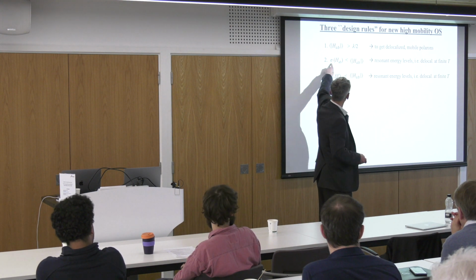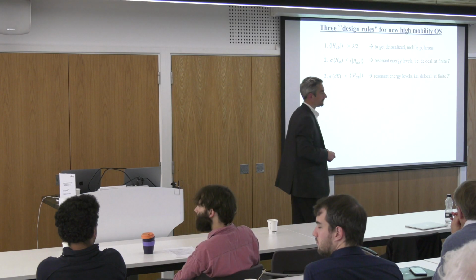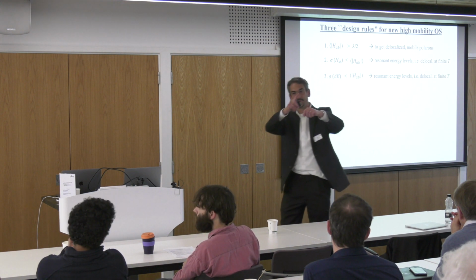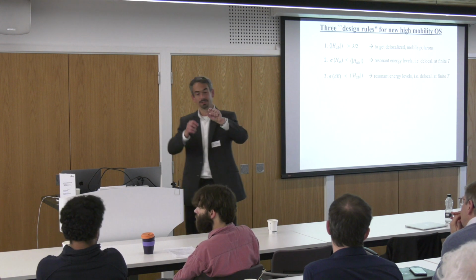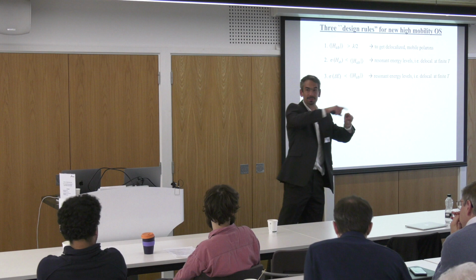Then what we heard from Henning's talk, what is very important is the thermal fluctuations of the electronic coupling. That should be as small as possible, so that the site energies, and this is clear, the difference in the diagonals between two different sites, should be within the energy that couples these two diagonals.